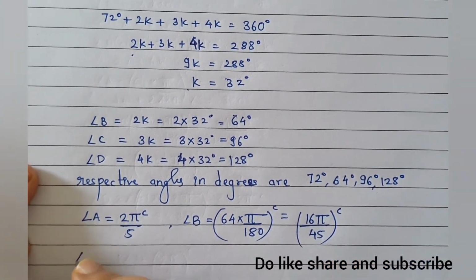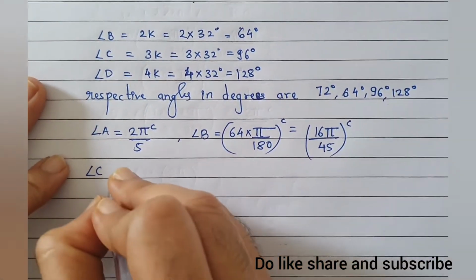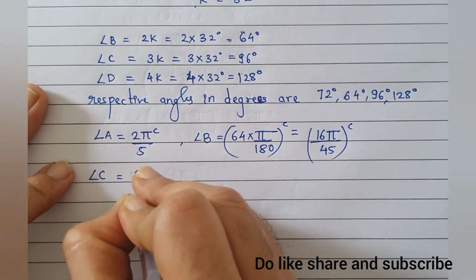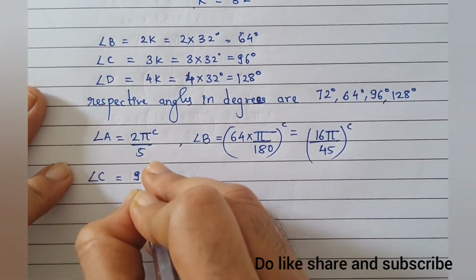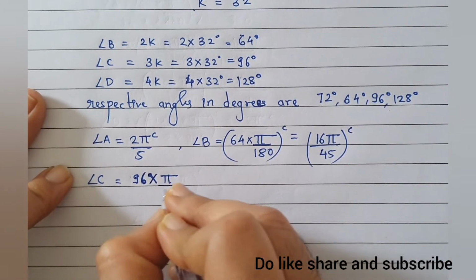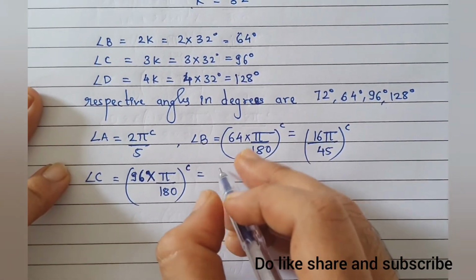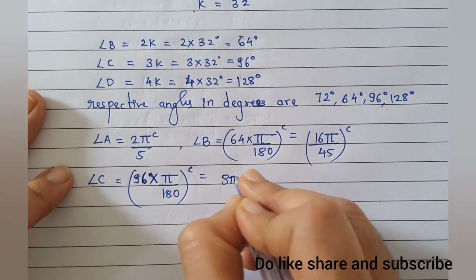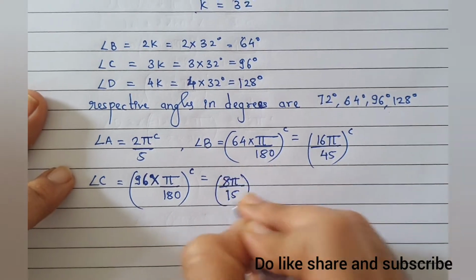Similarly, angle C is equal to 96 into pi by 180 radian, that is equal to 8 pi by 15 radian.